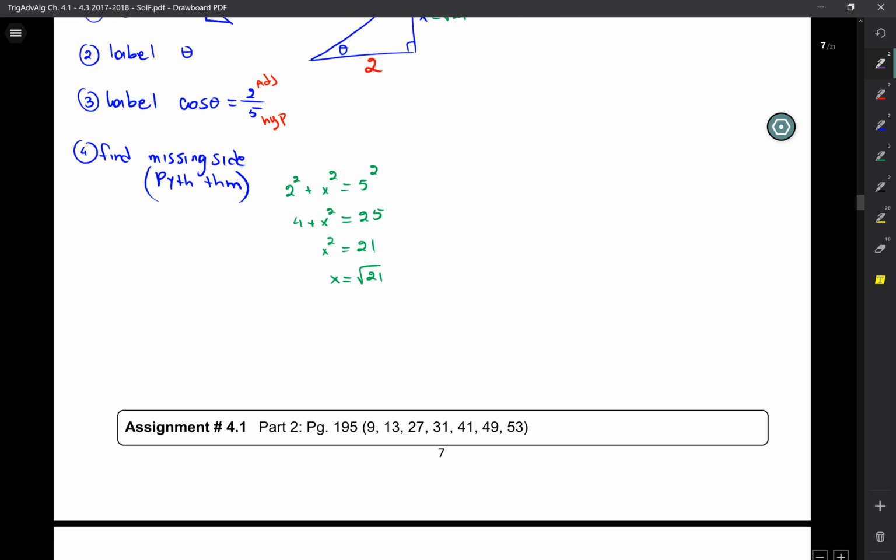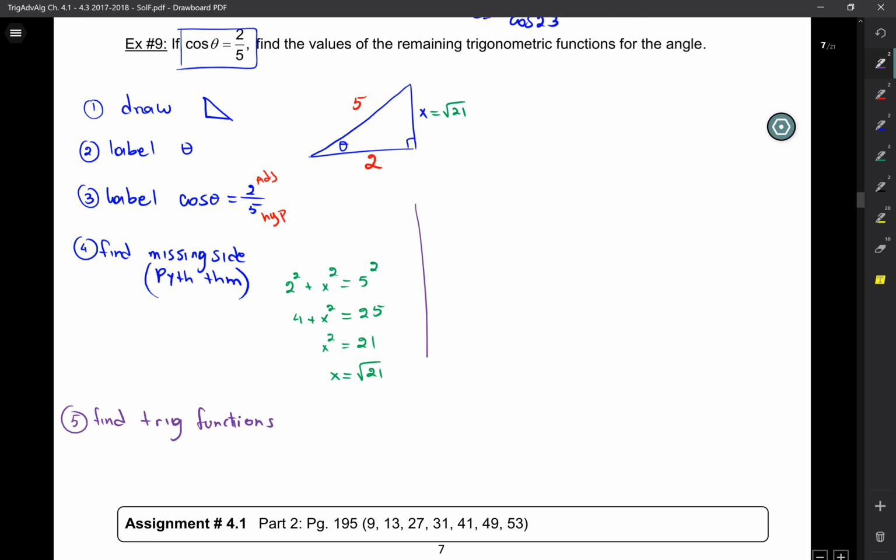Now, last but not least, find the trig functions. All right, so let's go here. Sine of theta, now I just have to do opposite over hypotenuse. So what would sine of theta be?